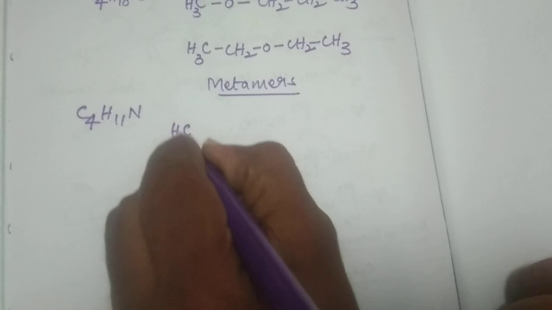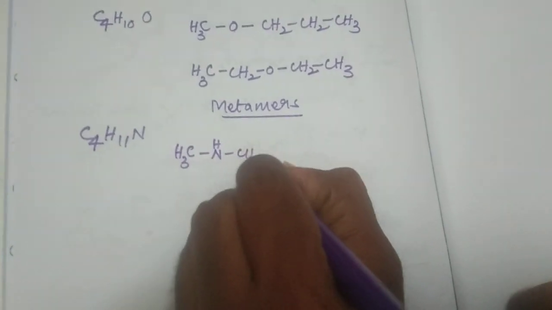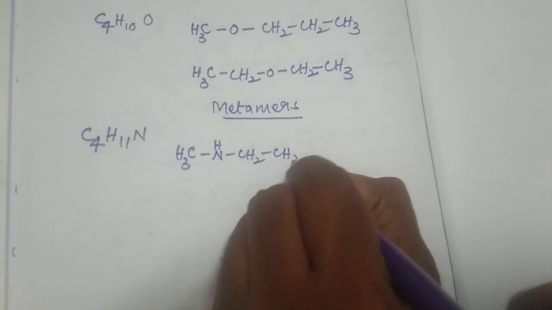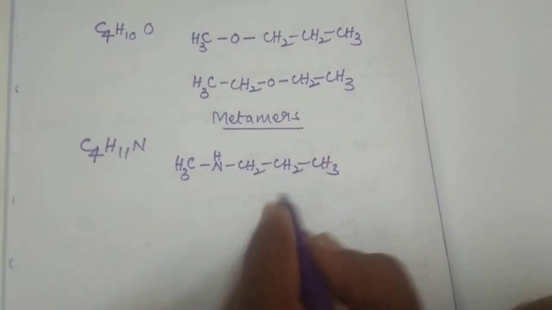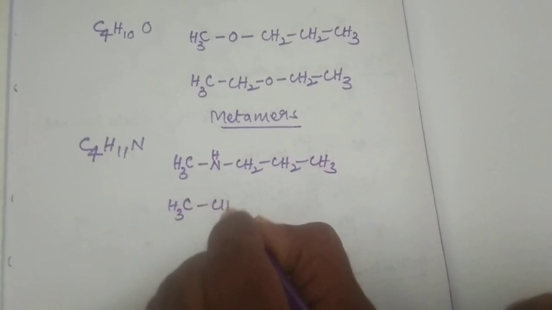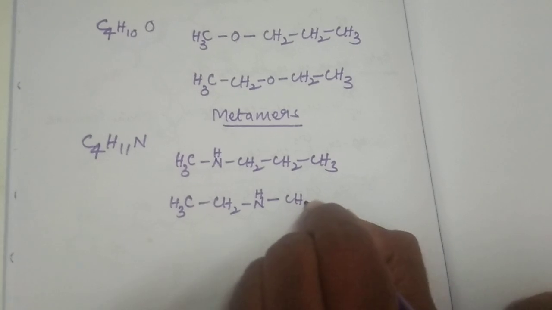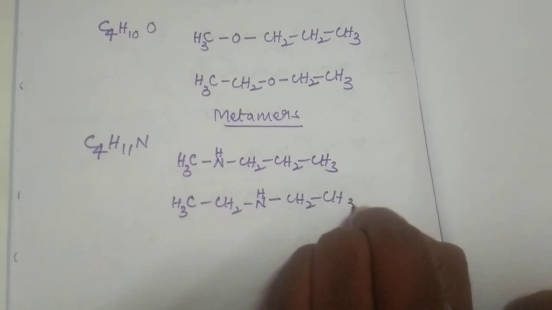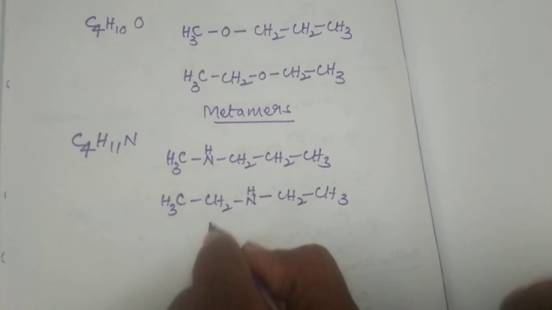You can write it as CH3NHCH2CH2CH3, and you can also write it as CH3CH2NHCH2CH3. These two are the metamers.